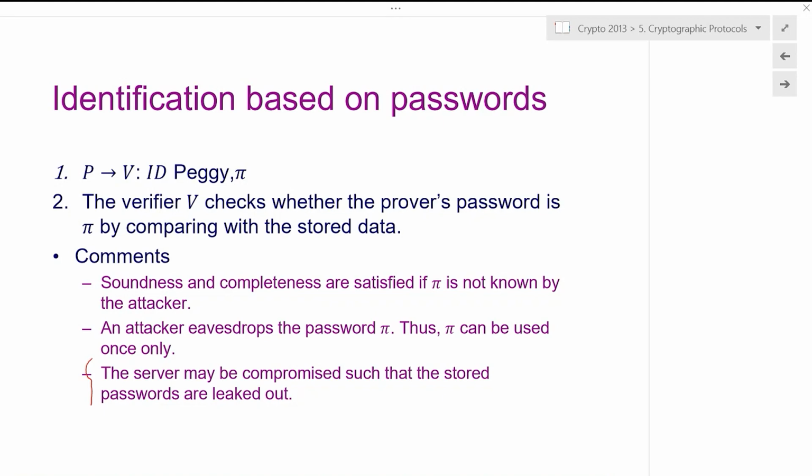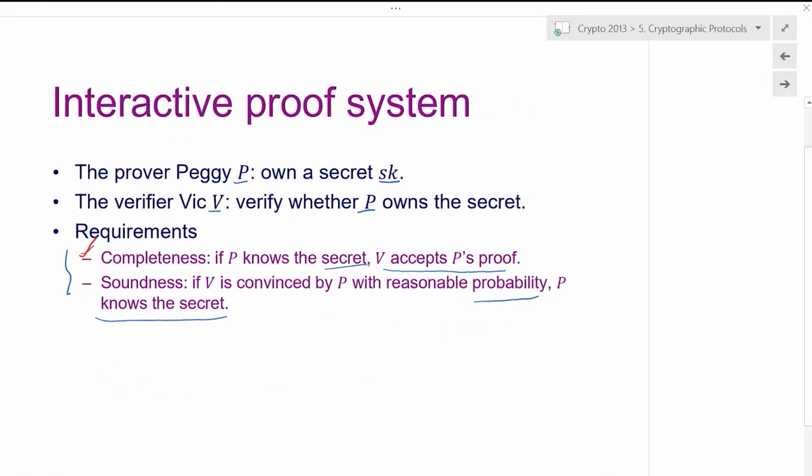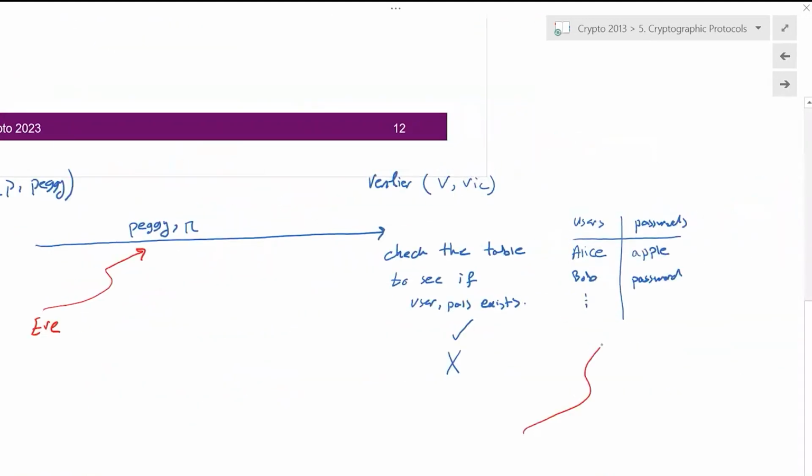You have heard on the news some years ago, for example, Yahoo's user table got attacked, and then they leaked the database, and a lot of hackers got the username and password for many users, right?